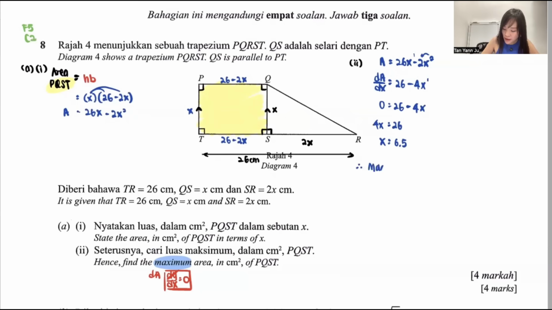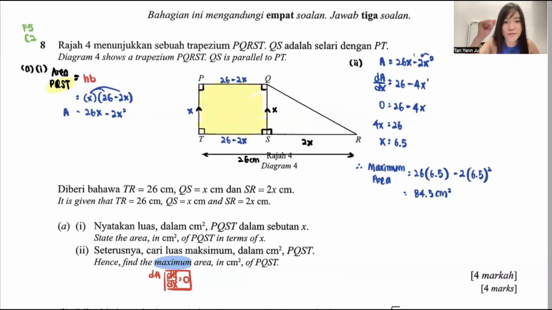Okay, I'll write the words. Maximum area, okay? You just substitute into your area equation. So 26 bracket 6.5 minus 2 bracket 6.5 squared. So guys, I pressed the whole thing. I got the answer 84.5 cm squared.